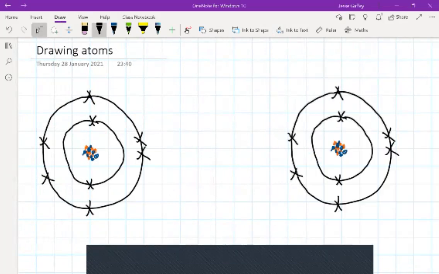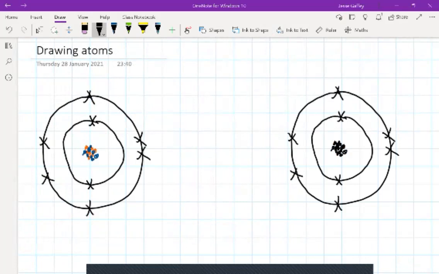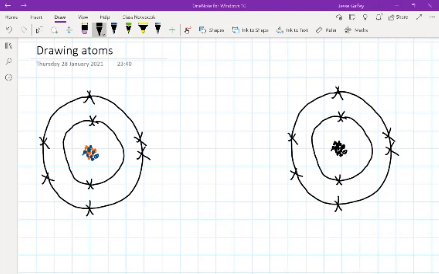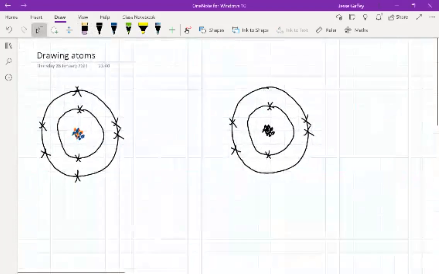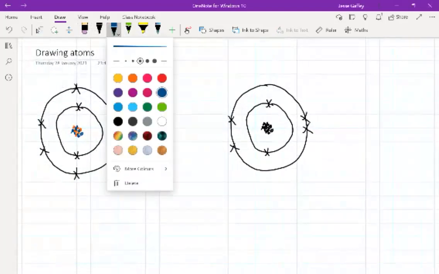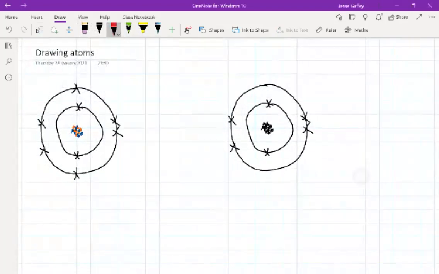So for instance, this one on the left has 2 electrons in the first shell and it has 6 electrons in the second shell. And say, for example, this one had 2 electrons in the first shell and only 4 electrons in the second shell. So the question is, why does the first atom have 2 in the first shell, so 2 here and 6 here, and this one has 2 here and 4 here?